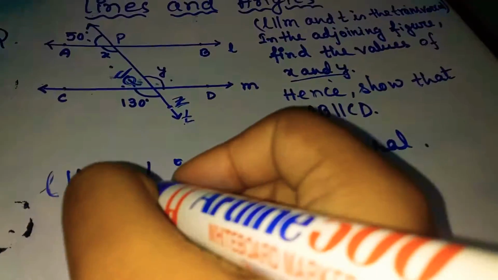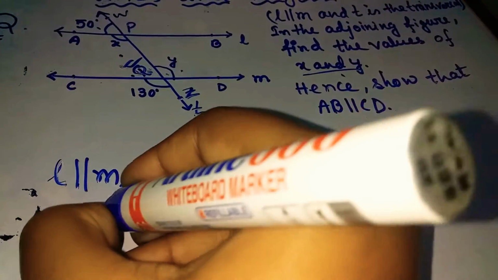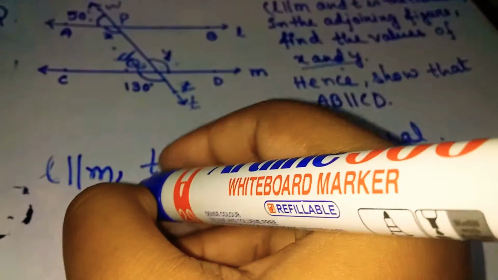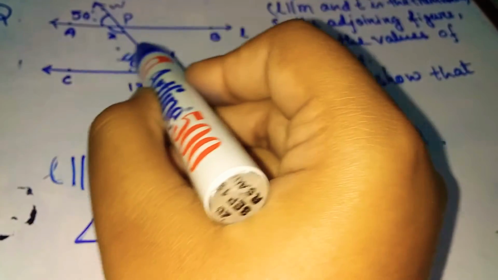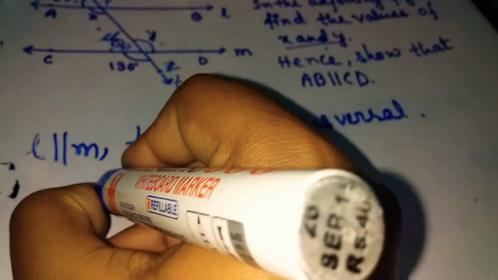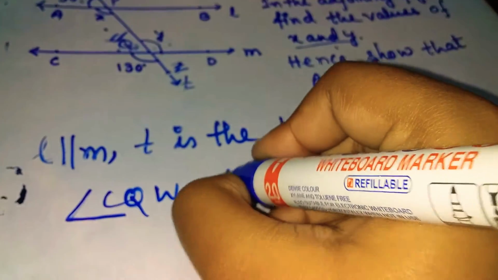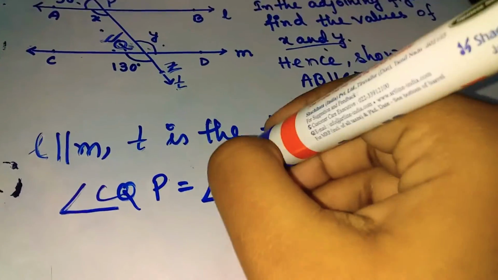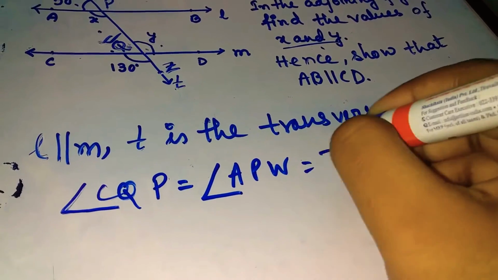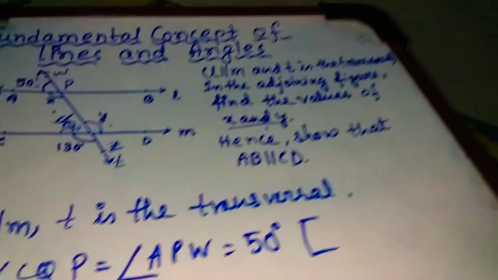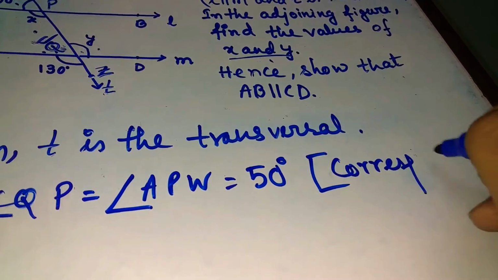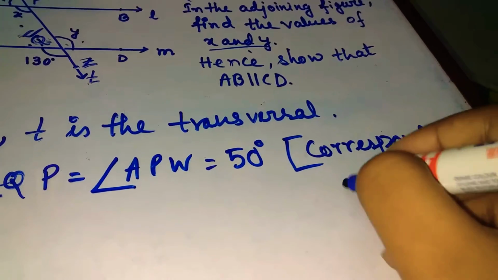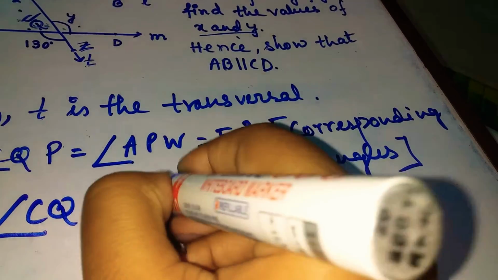So we can write, give it a name W, angle CQW equals angle CQP, let's give it a name P. Angle APW equals 50 degrees because they are corresponding angles, right? So angle CQP equals 50 degrees.